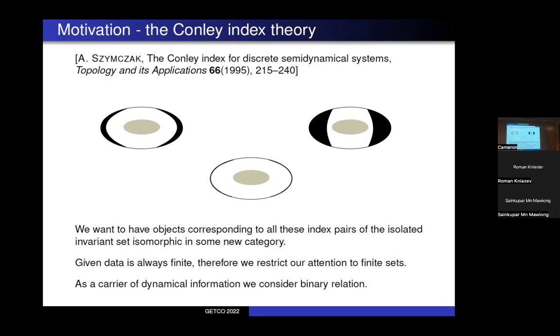So let's have a look at relations. And of course, relations are a generalization of maps, so the case of maps is also included in that consideration. So let me just focus on relations. In our preprint, there is also a part about the Szymczak category for the category of finite sets and maps.